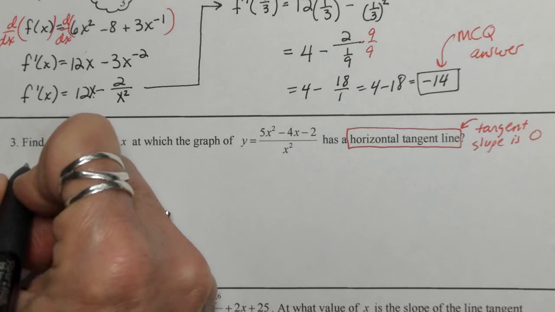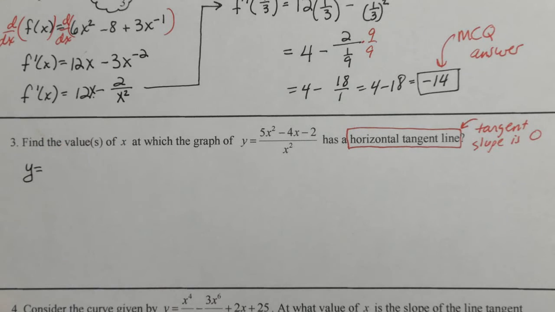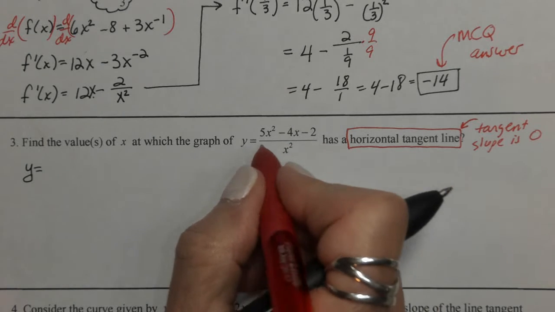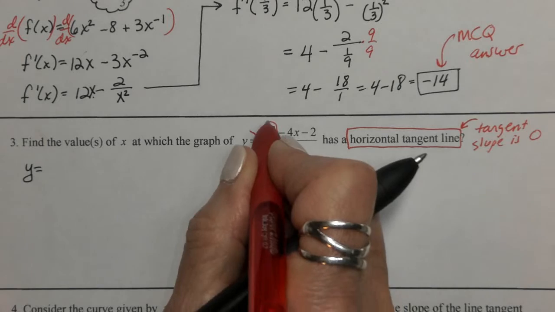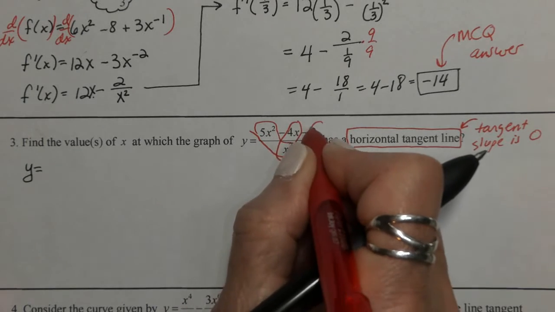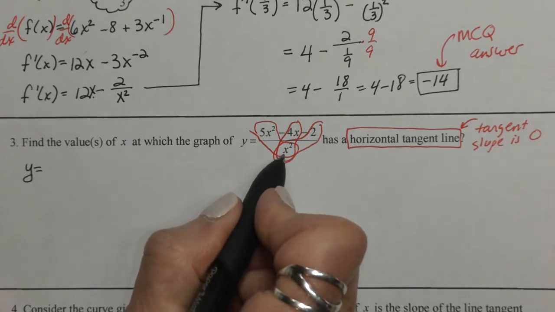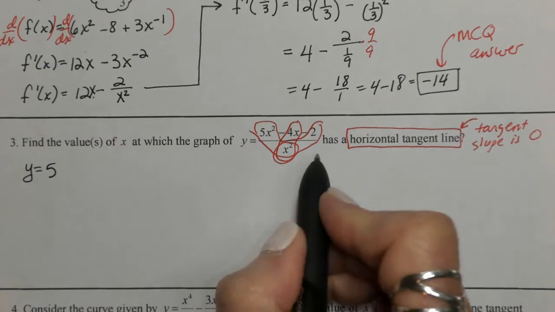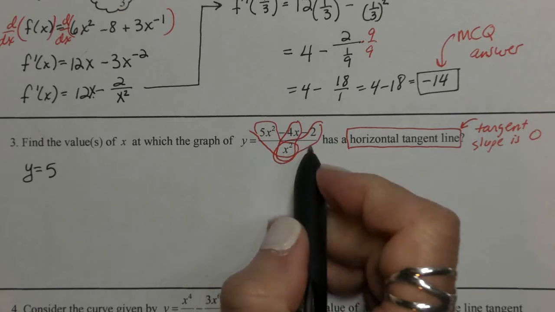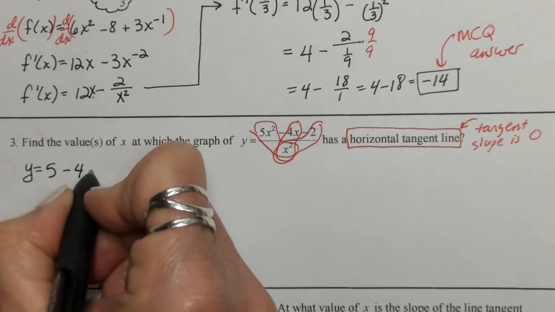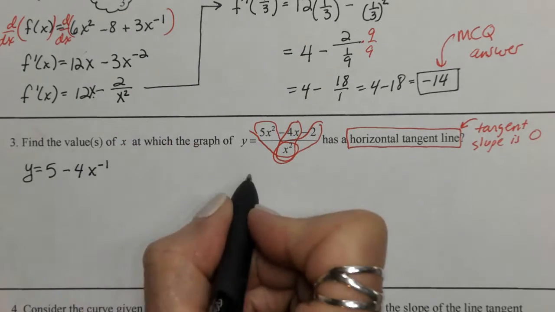So I'm going to take y and write it in a form where I can find the derivative. I have one little term in the denominator, so this is another quick divide problem. Okay, 5x squared divided by x squared is just 5. Negative 4x divided by x squared is negative 4, x to the negative 1.